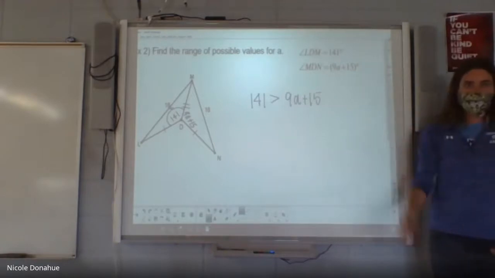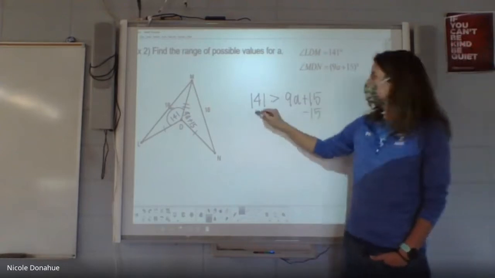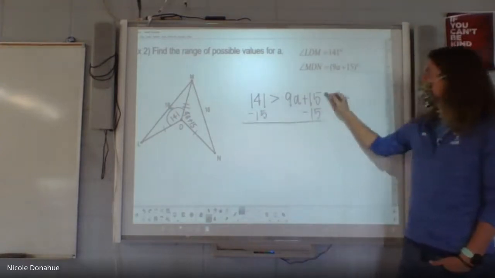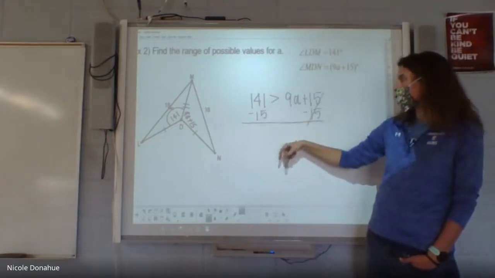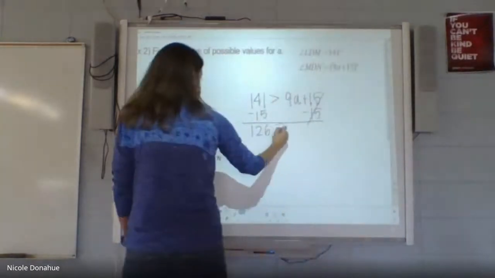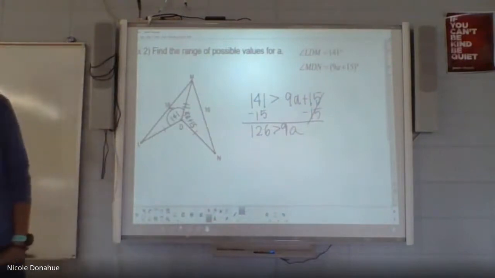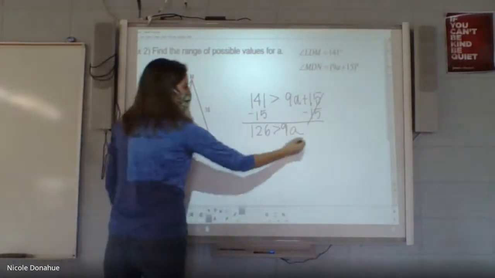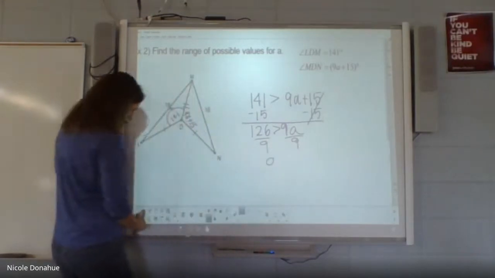So we're able to solve for a, so I'm going to move this 15 over. So this is going to be, what is that, 126, is that right? What's over here then? 14.